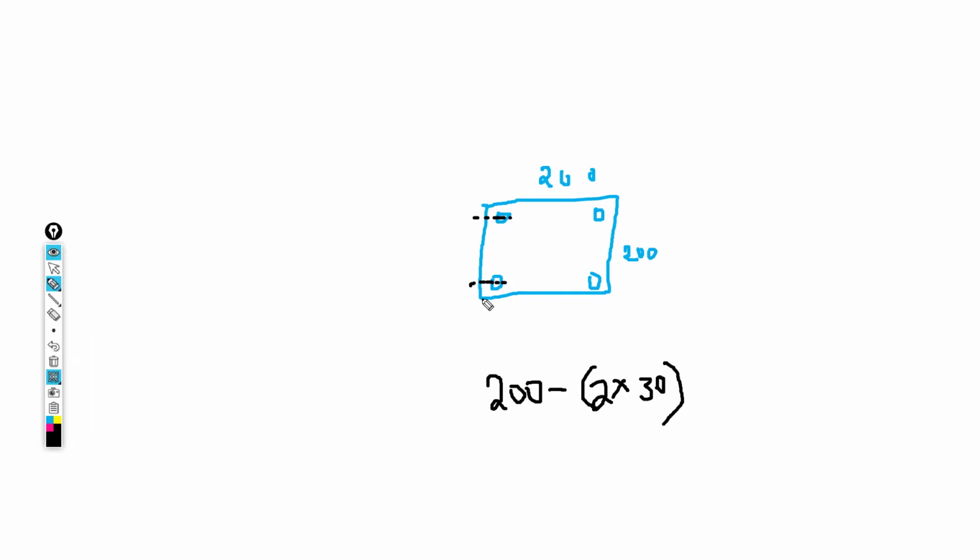Okay, so I've got overall 200 minus this space and this space. Then we have up to the center of the bars, assuming that we are using bars of 16.